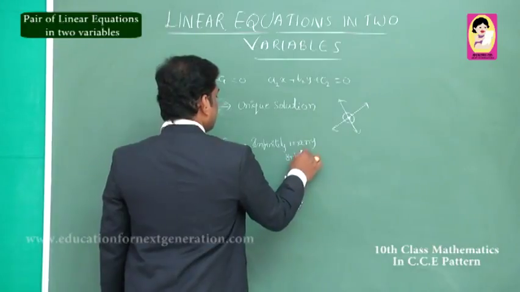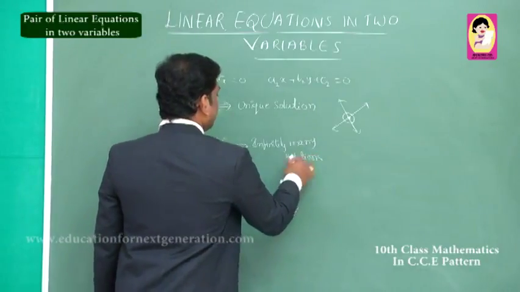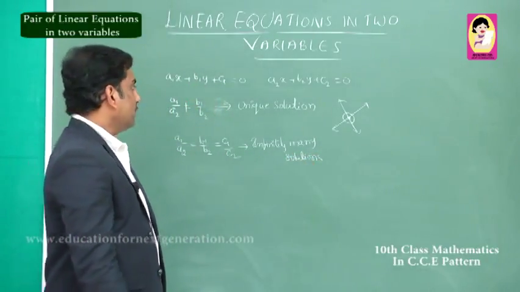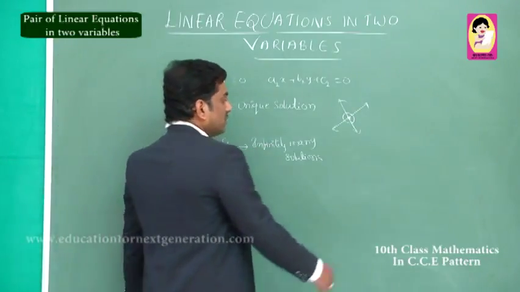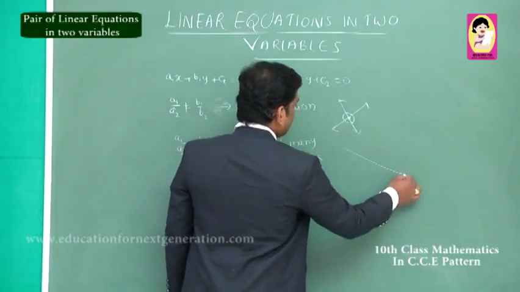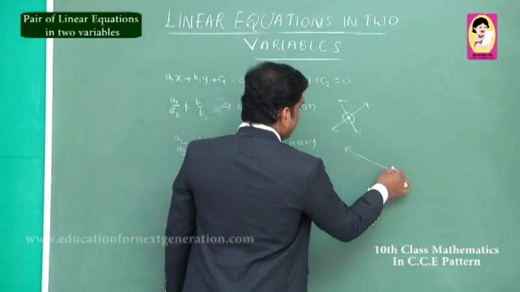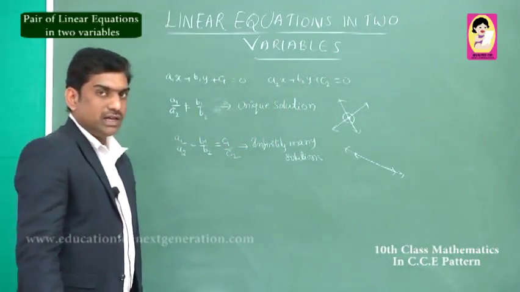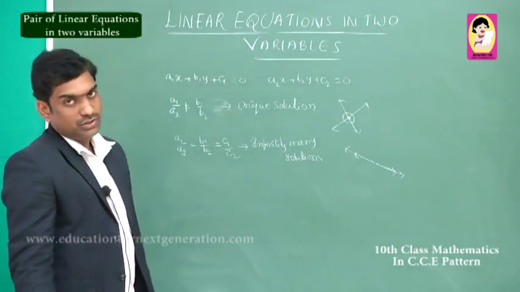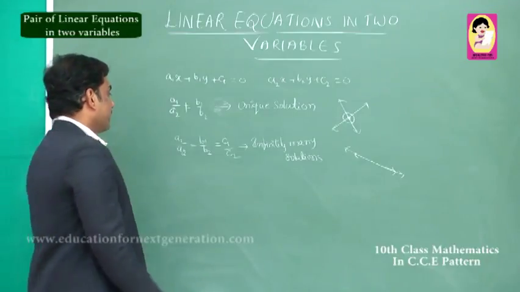You will say that the two equations have infinitely many solutions. When the two linear equations have infinitely many solutions, one line is coinciding with the other line. Only then will we say the given two lines have infinitely many solutions. Okay, that is the case.